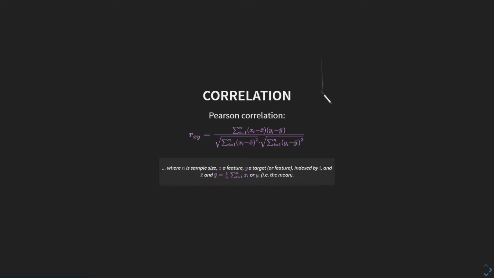And that typically means that if x goes up in value, so does y. So if you would plot this as a line, it would be perfectly diagonal, then we have a 100% correlation between these two features, or a feature and a label.